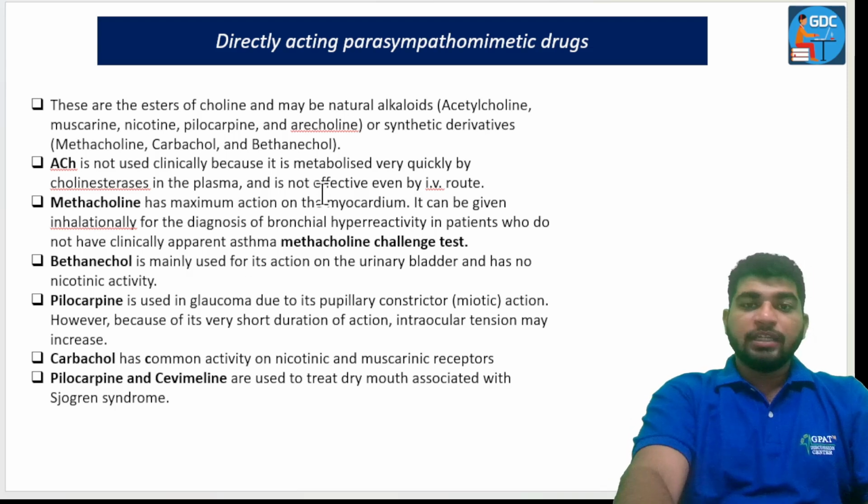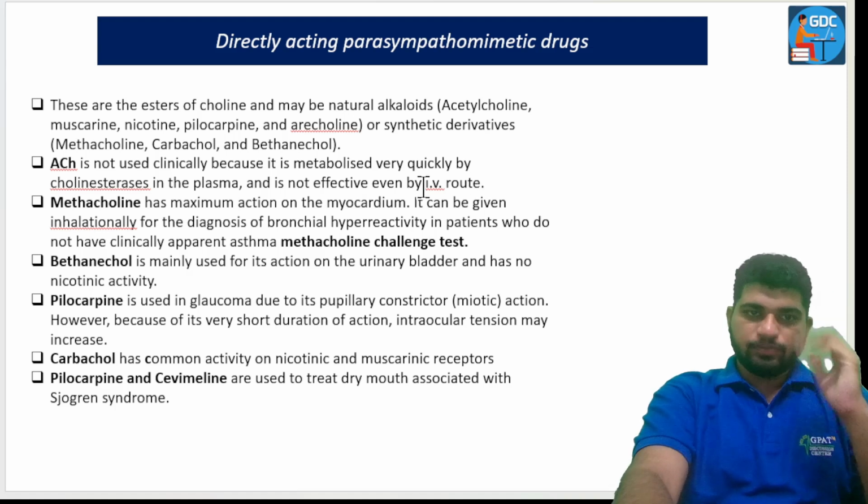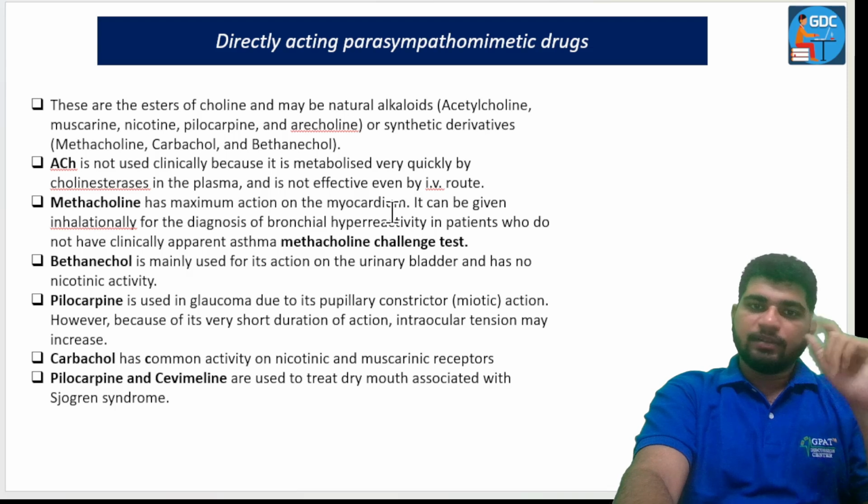It is not even effective by the IV route because cholinesterase enzyme is also present in the plasma. Then methacholine, which is an ester of choline, has maximum action on the myocardium. In the previous lecture, I gave you a trick to learn which organ each drug acts on: M for methacholine, M for myocardium, that is heart.